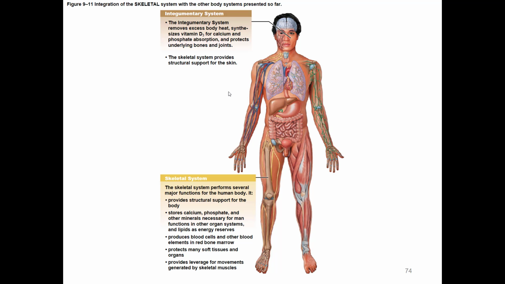Skeletal system provides structural support for the skin, and it also performs several major functions for the human body. So we know that it gives us support, stores minerals and calcium, as we mentioned, lipids in the form of yellow bone marrow. It also forms blood cells in red bone marrow, protects our soft tissues, and gives us leverage for muscles.